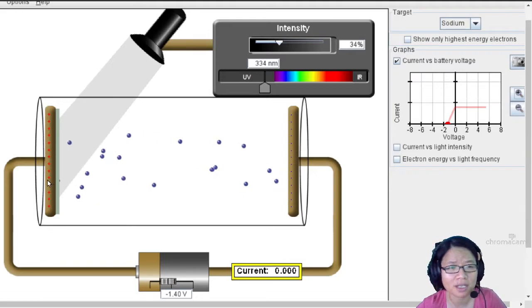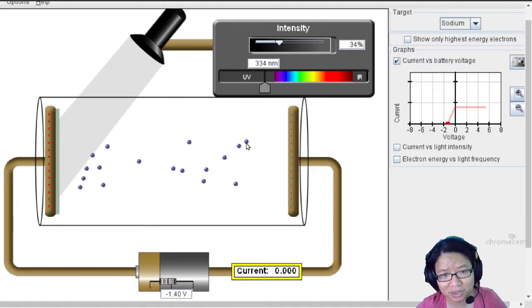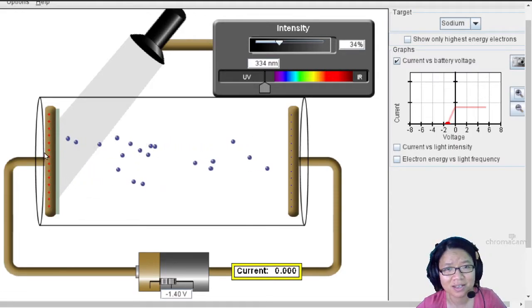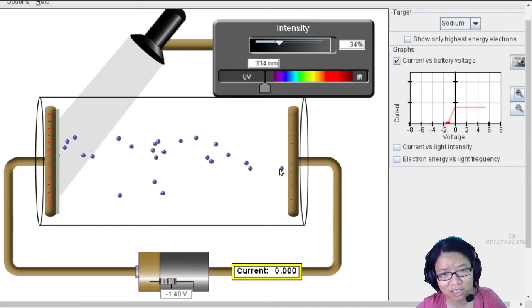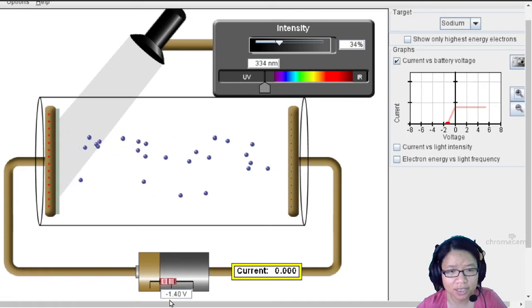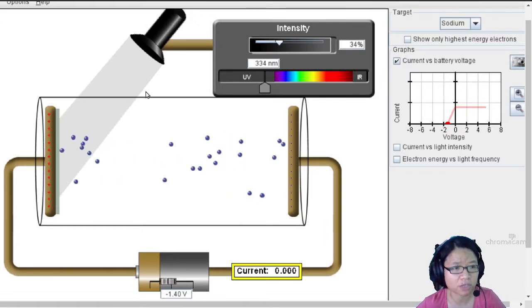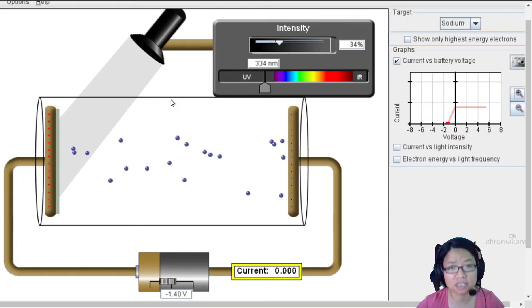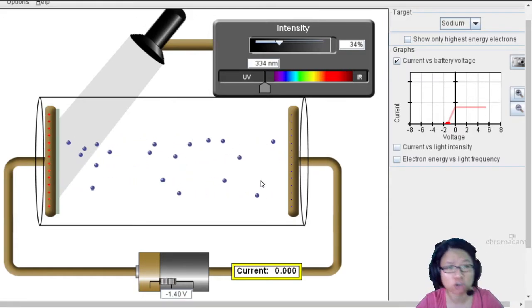Almost there, fall back down. Almost there. Are you going to reach? Nope, fall back down. So this is what we call a stopping potential, because this negative potential has succeeded in slowing down even the fastest electron.